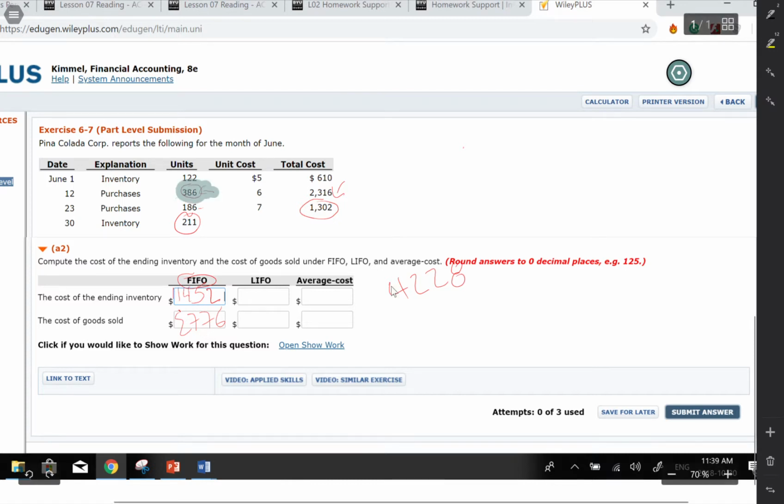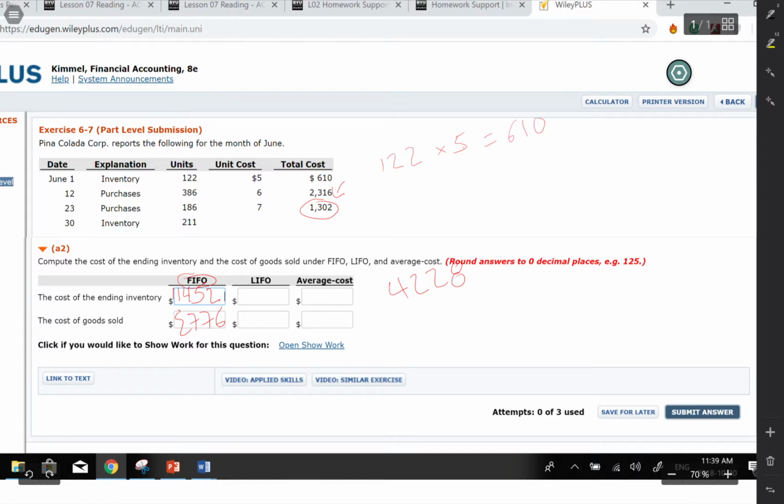The most recent purchases have already been utilized, so we will go to the very first inventory on June 1st and take those 122 units bought at $5 per unit, and that totals $610.